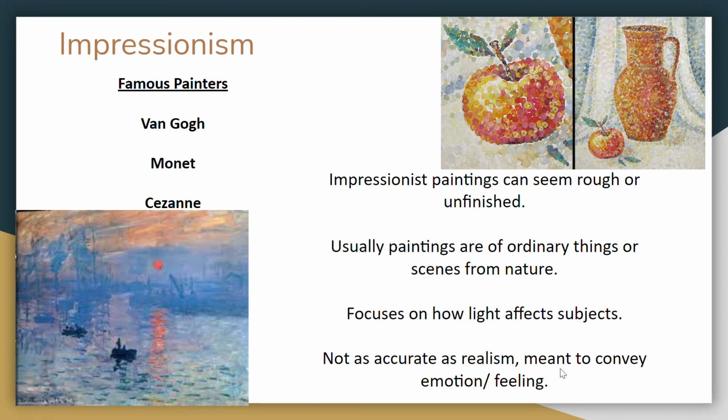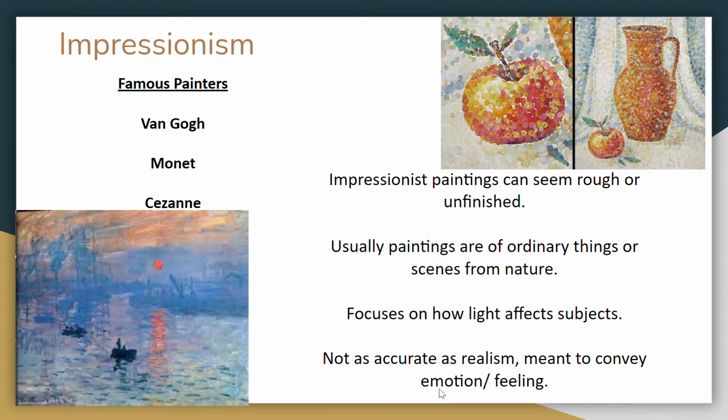However, it is meant to convey an emotion or a feeling. Like this, for me, this painting is if I got up really, really early and I walked to the ocean, I got to see the ocean in the morning. This is the feeling this painting gives me.